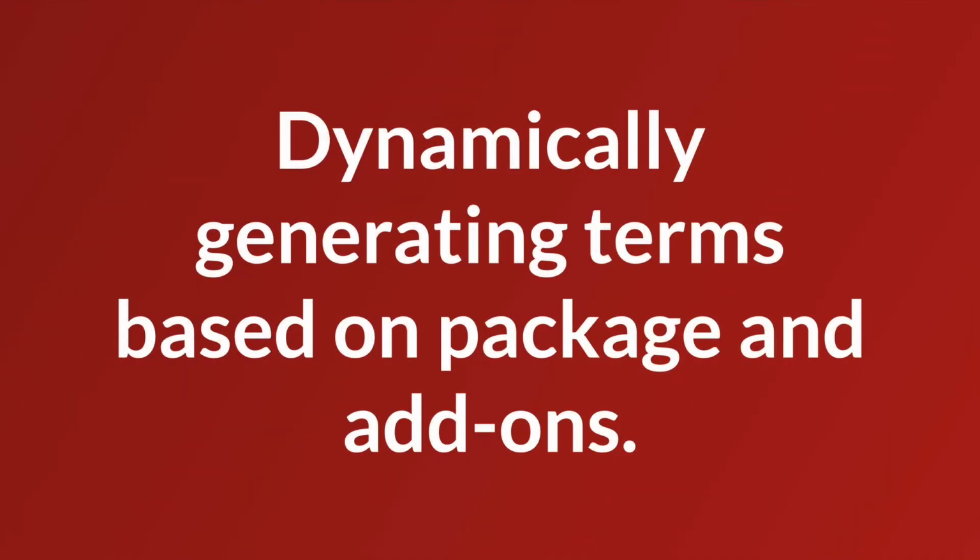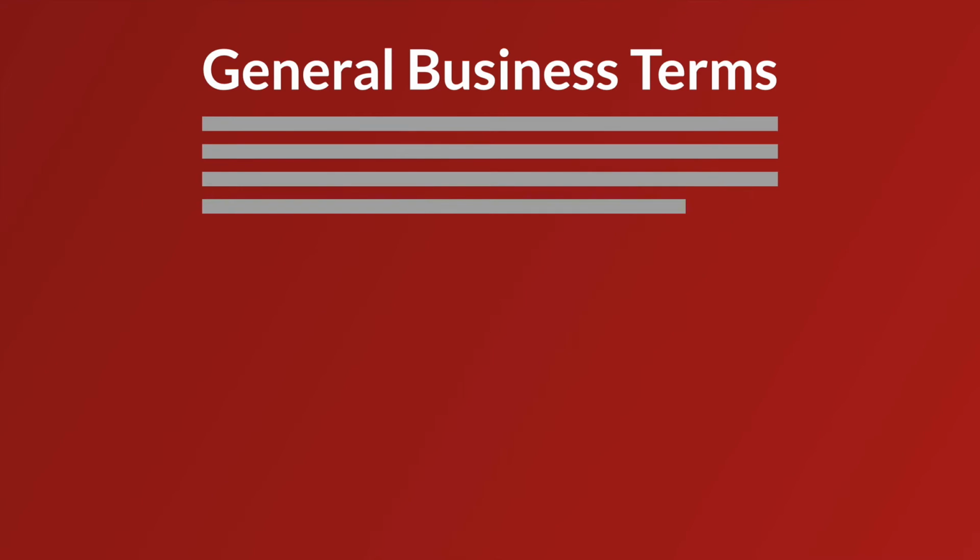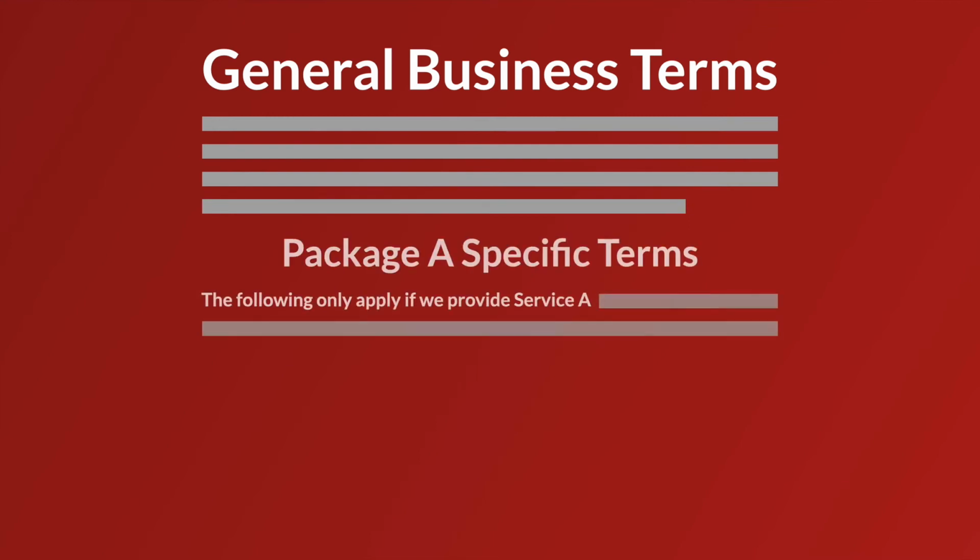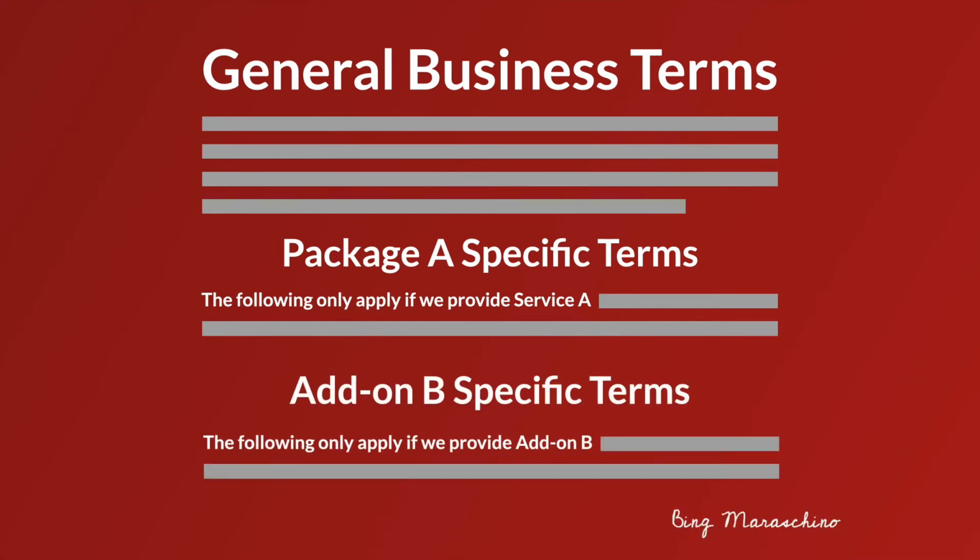Okay, the more complex setup of generating CheckCherry terms would be to do it dynamically based on package and or add-on. This approach can be really great and might look something like this, where you have your general business terms and conditions, and that's going to apply to all bookings. Then based on what the customer buys, package or add-on, CheckCherry is smart enough to insert the specific terms before they sign off.